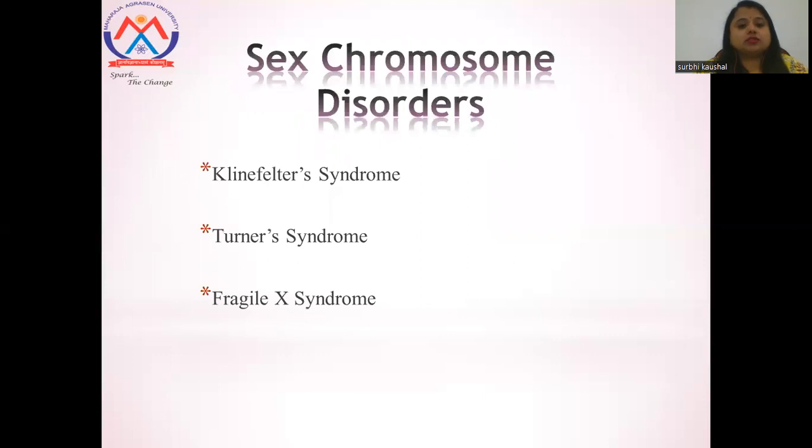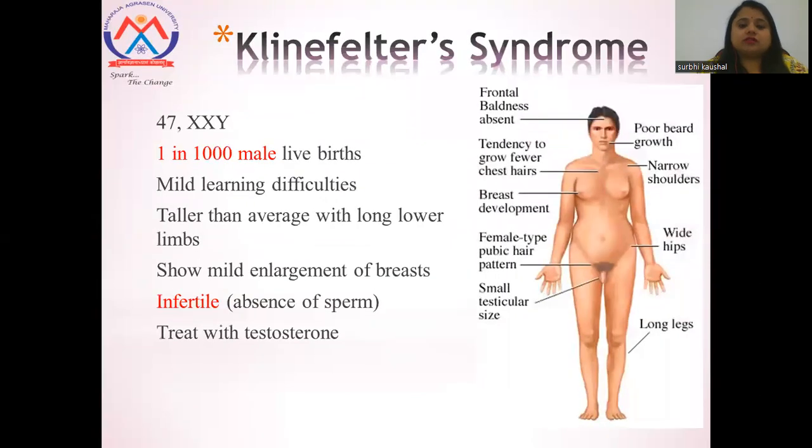Next are the sex chromosome disorders. These are also of three types, Klinefelter syndrome, Turner syndrome, and Fragile X syndrome. Talking first about Klinefelter syndrome, here there is one extra X chromosome. It occurs in 1 in 1000 live births.